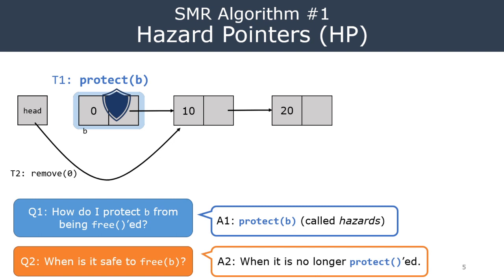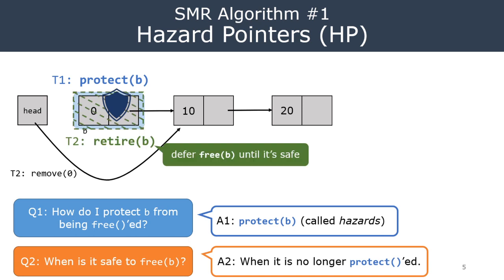Recall that T1 would have already written B in its protected pointer list. T2 is trying to deallocate the same block, and it needs to determine whether it is safe to free the block B or not. In order to know that, it just reads the protected pointer list.